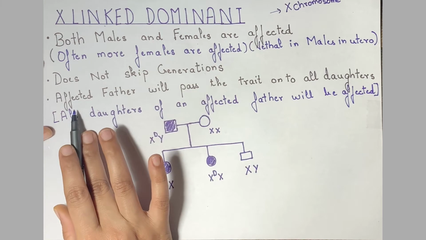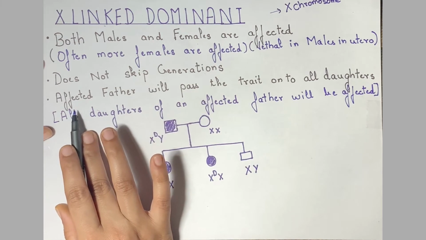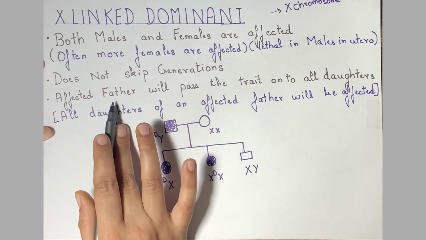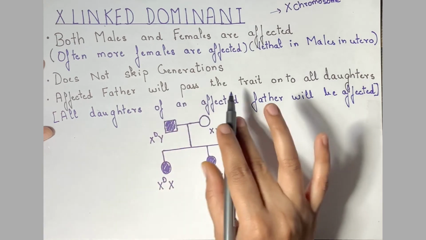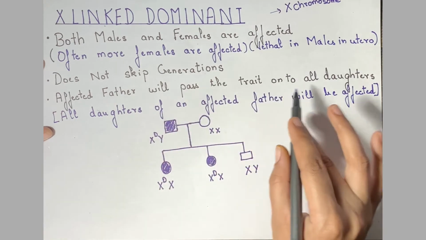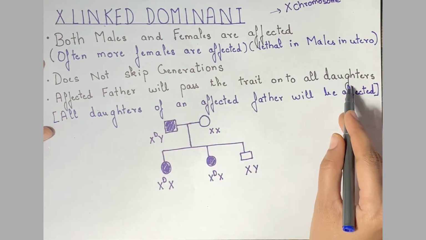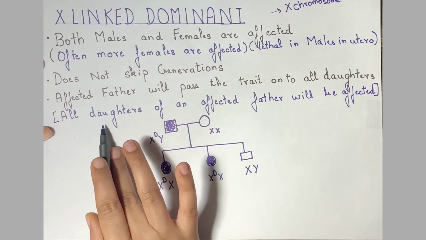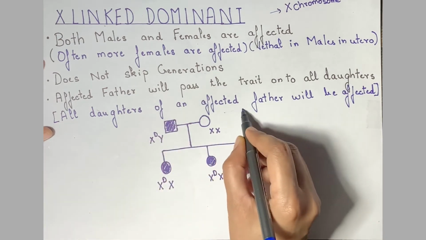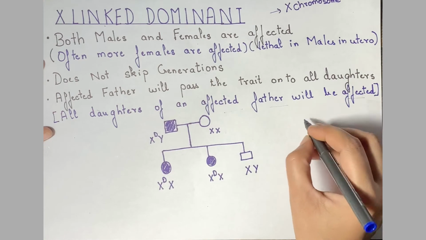Now, the most important feature of X-linked dominant mode of inheritance is that an affected father will pass the trait on to all the daughters. That is, all the daughters of an affected father will be affected.